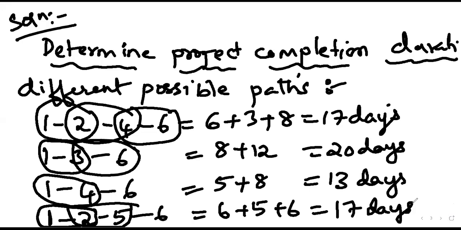Okay, so I'm just waiting. Make note of it. The critical path should be 1-3-6, equal to 20 days. Okay, that's right. So once that is done, calculate the project completion duration and project cost. Project cost should be calculated for 20 days.